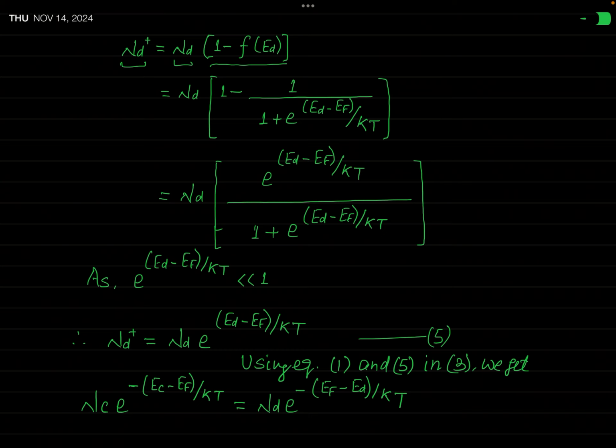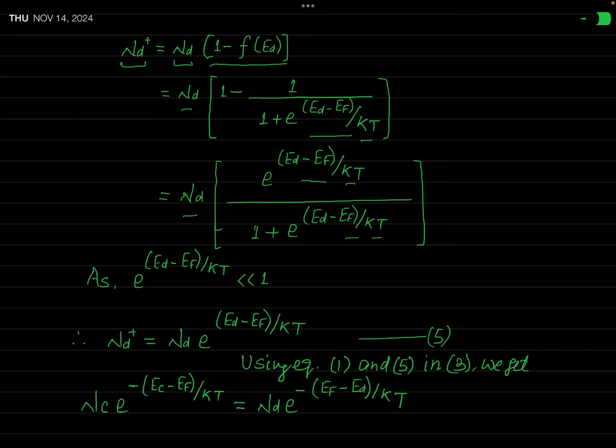In accordance with the Fermi-Dirac distribution function, instead of E there is Ed, so this will be Nd times 1 minus 1 over 1 plus exponential raised to the power Ed minus Ef over Kt. Taking the LCM and simplifying, this is Nd times e raised to the power Ed minus Ef over Kt, over 1 plus exponential raised to the power Ed minus Ef over Kt.